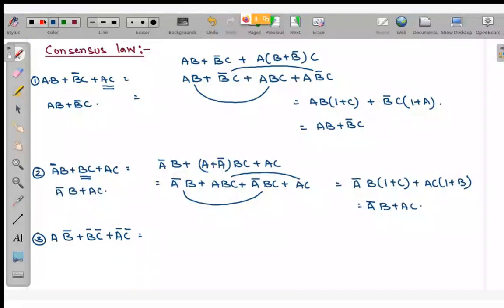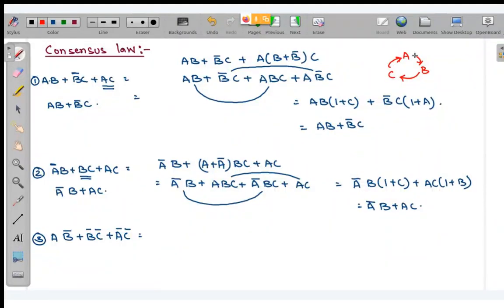Now let me share the trick with you. Look over here. A, B, C. Now basically, look very carefully. The terms present over here are A, B, B, C, A, C. So these are all cyclic terms.